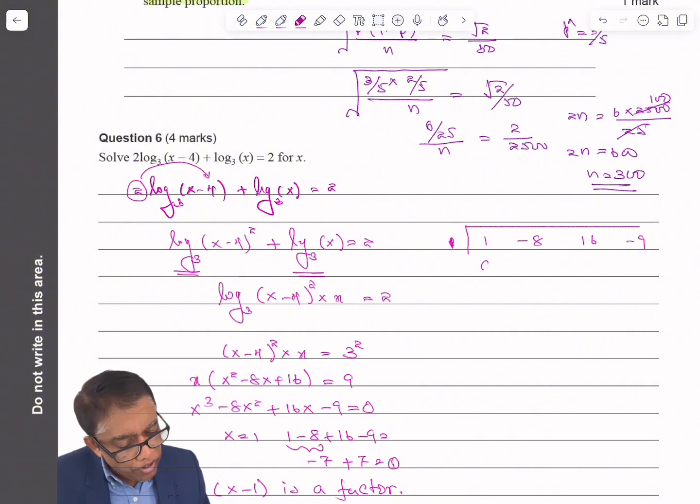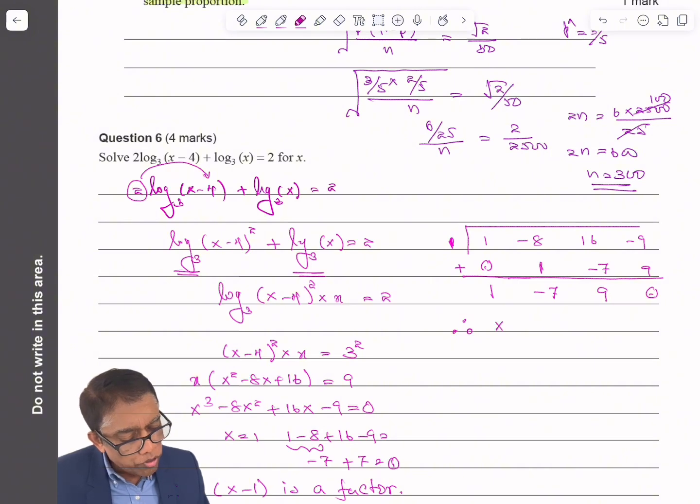We add 0 to the first coefficient: 1 times 1 is 1. Negative 7, we add these; negative 7 times 1 is negative 7. Then 9, 9 times 1 is 9. It is 0. Therefore, the quotient is x squared minus 7x plus 9.